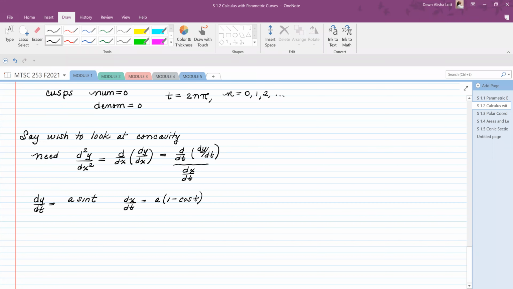So therefore, we need to take the derivative of dy/dx. So what do you get? The derivative of, this is wrong. This is dy/dx.